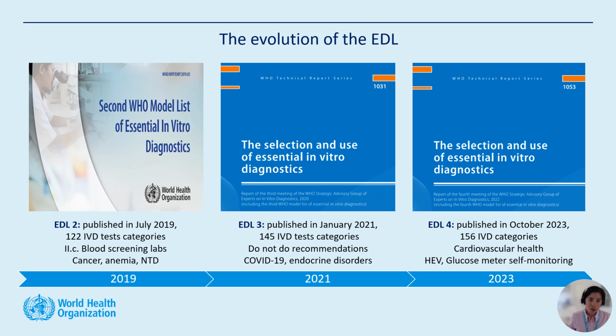It is called the Do Not Do recommendation section. So basically here we are including some tests that are recommended against their use. Of course, the COVID-19 section was also part of EDL3 and also tests for endocrine disorders.